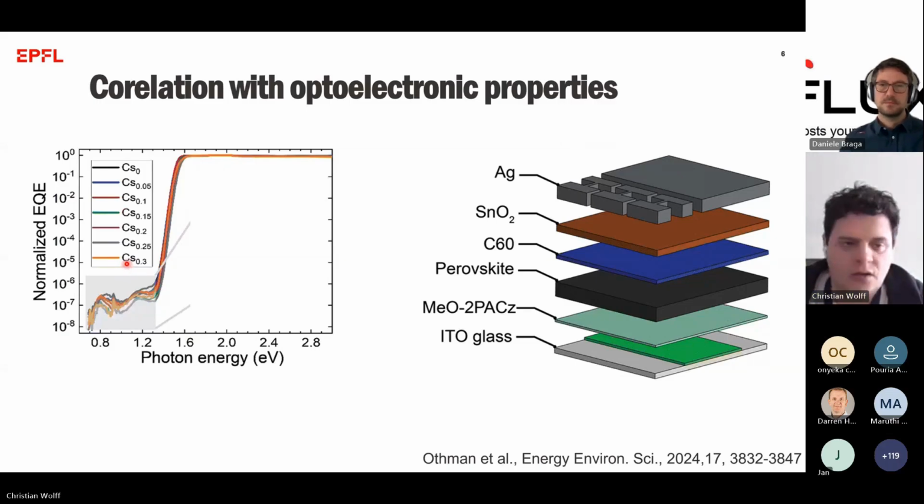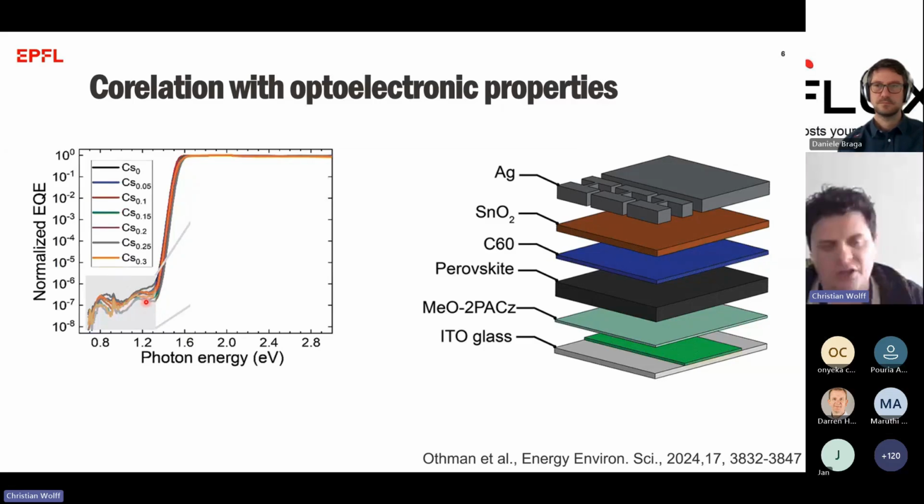And we were able to get with this very nice setup measurements down to 10 to the minus 7. So this means we have a tenth of 1/1,000,000th of the signal that we have in the spectral range. And so this allows us to also get signal well below the band gap.